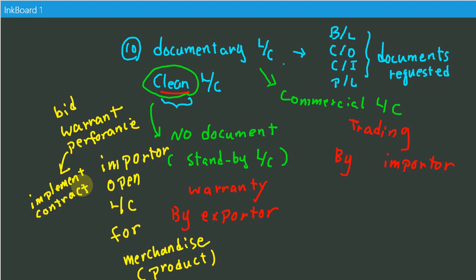So we are very suspicious, okay? In case you do not implement the contract, you need a penalty to reimburse our damages. So please deposit it as a standby LC.